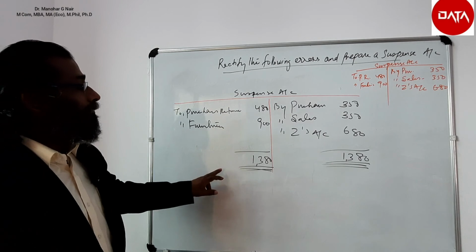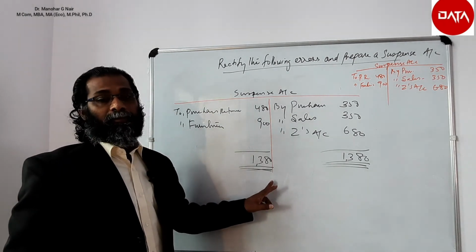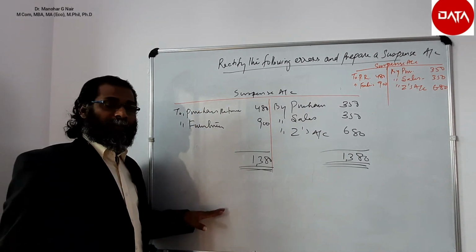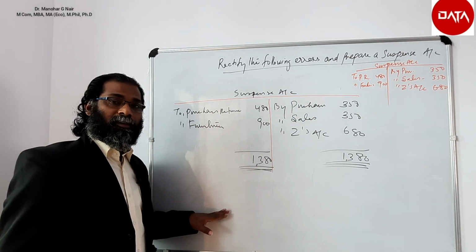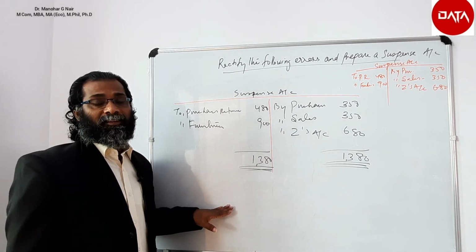So the total of the suspense account on both sides is 1380. So by passing these 5 journal entries, the disagreement which is shown in the trial balance and which we mentioned as suspense account got cancelled.